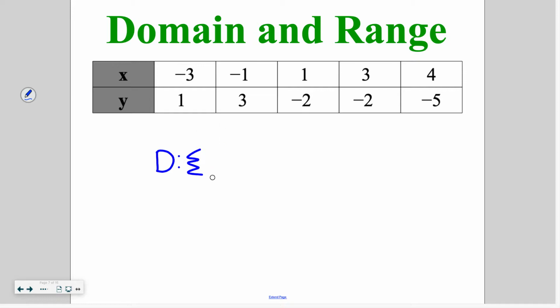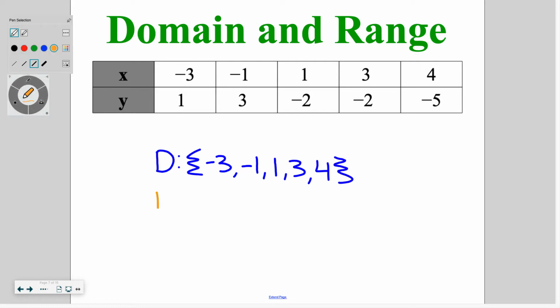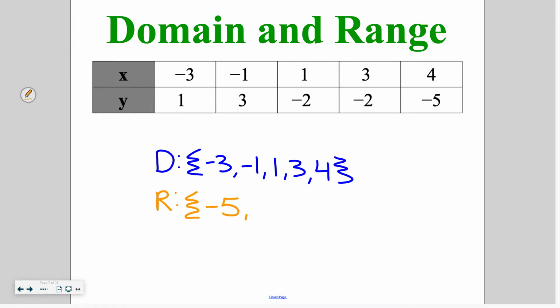So we've got our domain is -3, -1, 1, 3, and 4. Then we've got to list our elements in the range, which again, starting with our smallest number, is going to be -5. Then -2. Again, we only list it once, even though it shows up twice.